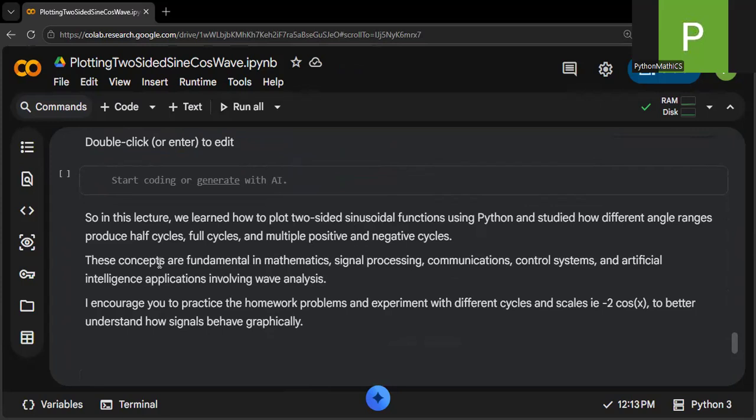These concepts are fundamental in mathematics, signal processing, communications, control systems, and also artificial intelligence applications involving wave analysis. I encourage you to practice the homework problems and experiment with different cycles and scales to better understand how signals behave graphically.